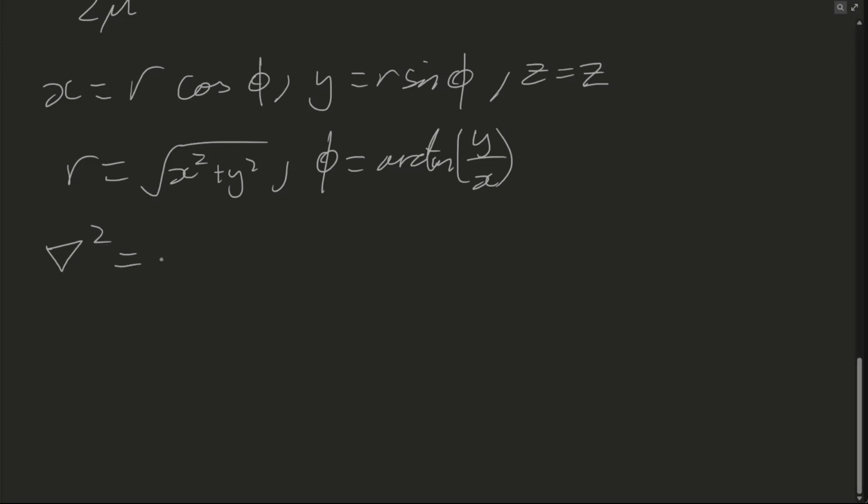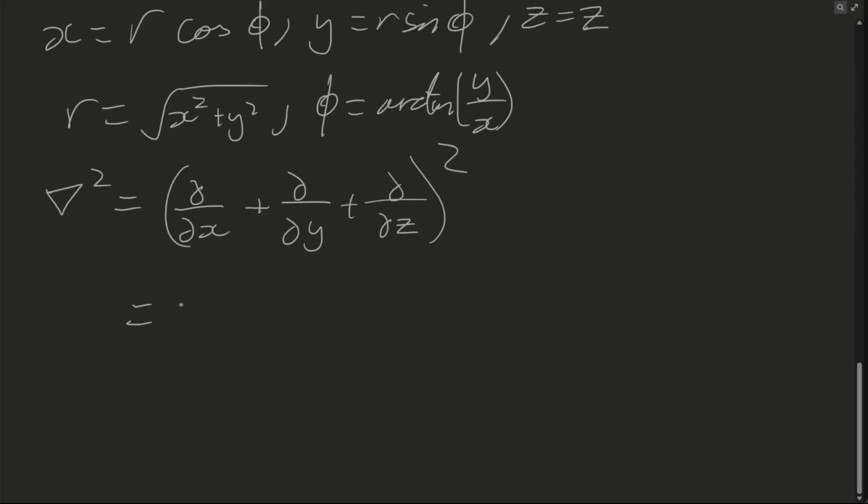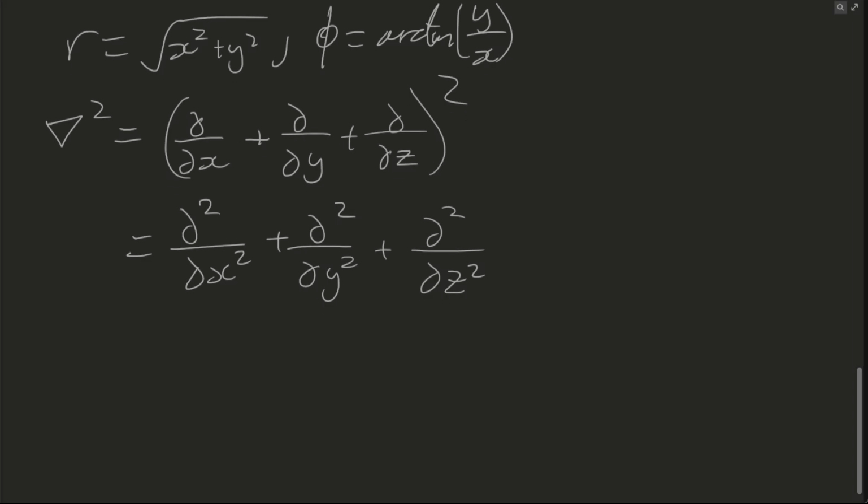We know that this is the gradient operator, which is partial with respect to x, plus partial with respect to y, plus partial with respect to z, all squared, which is very simply the second partial derivative with respect to x, y, and z squared.